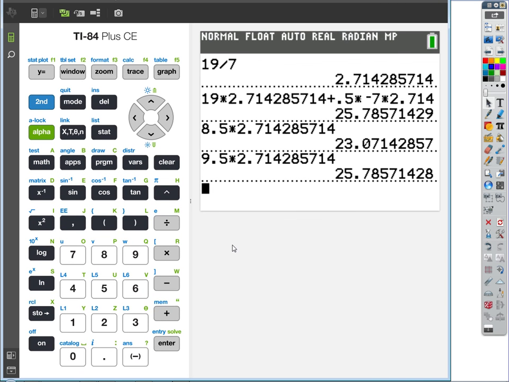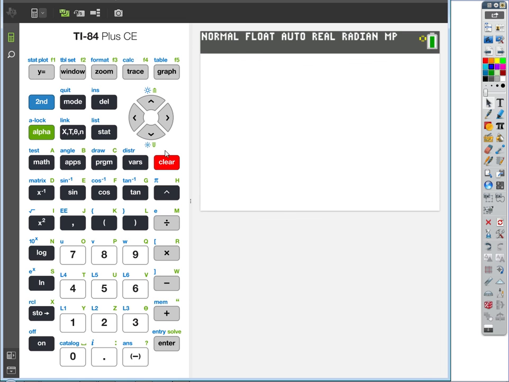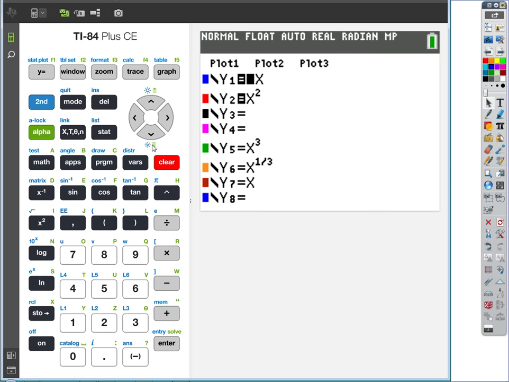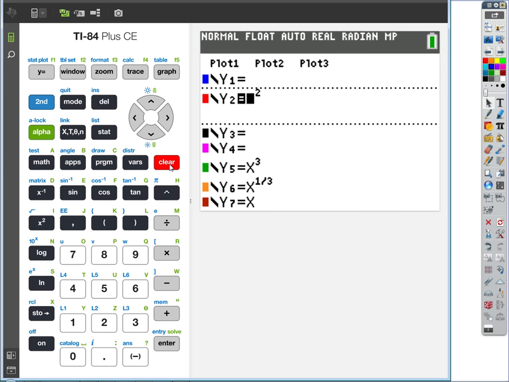So if you go y equals, the greatest integer function, where do you find that? I think you can find it in a bunch of places. One place you can always find everything, I should show you this, is the catalog.